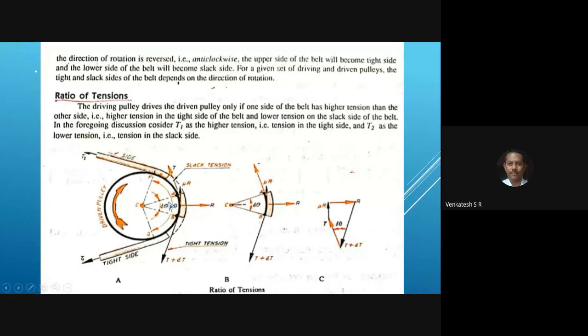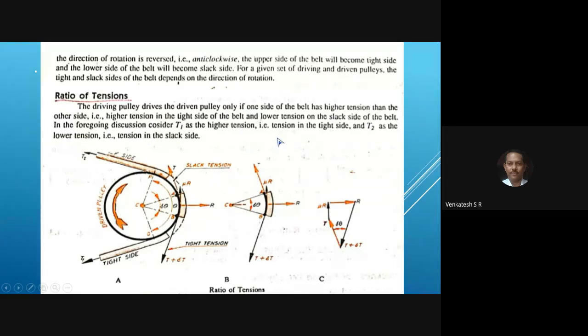By derivation using vector analysis, this is the tight side and this is the slack side. The tension on the tight side is called tight tension. Tension on the slack side is called slack tension. So these three diagrams are very much essential for the examination.